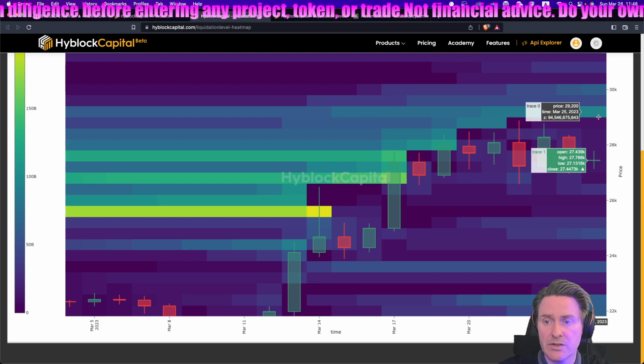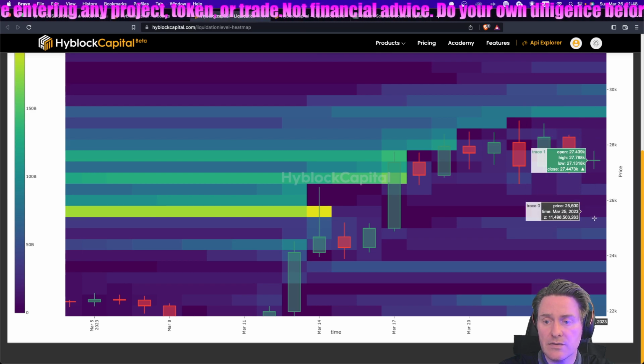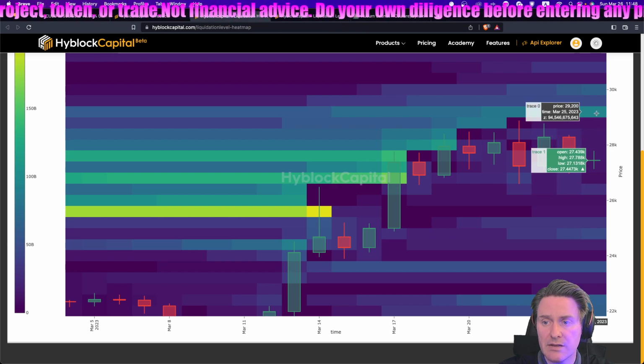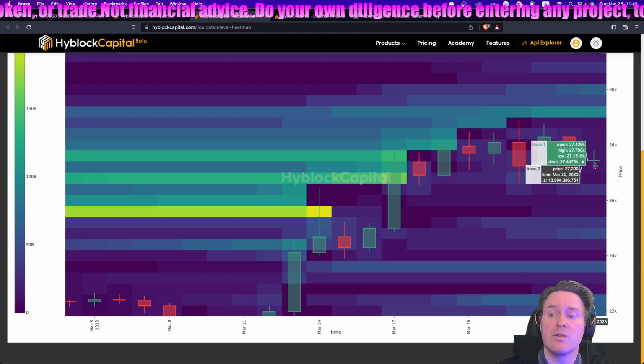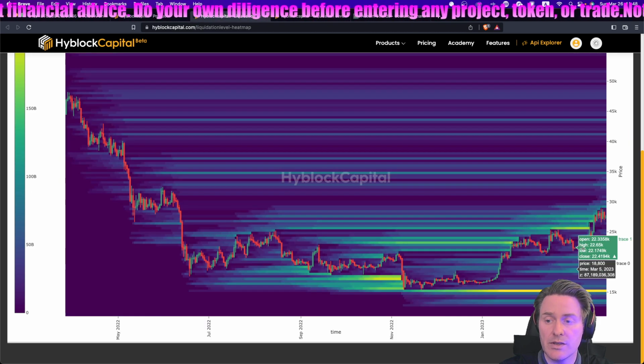So $40 billion has been induced here at 29.2, and you see some below, but not nearly on the same level as what's immediately available here. So I find it hard to believe they would not leave that taken on the yearly time frame.